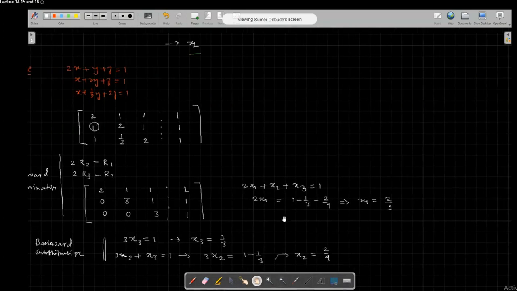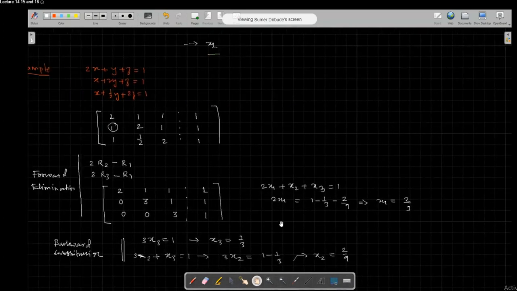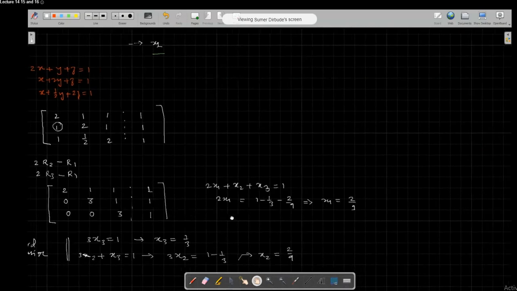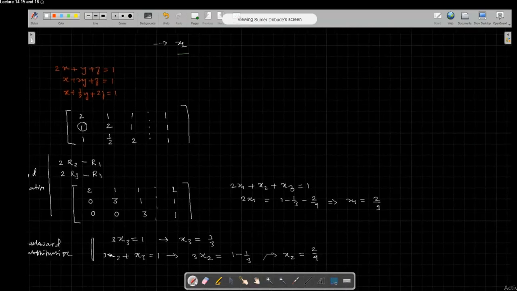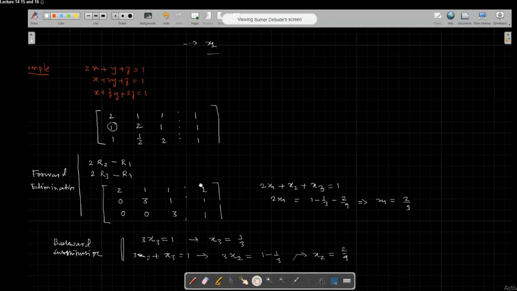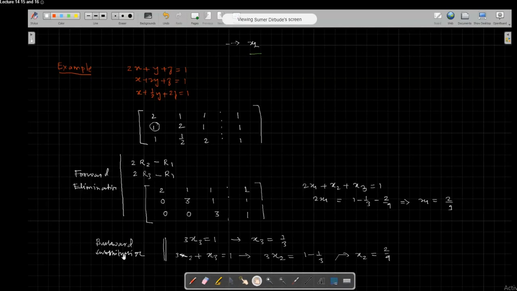Now you have one method. So shall we use this method always? No, there is no possibility. Why? The reason is the number of operations performed during forward elimination and backward substitution.